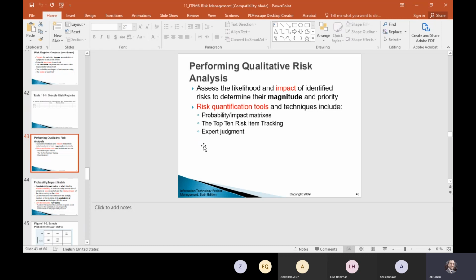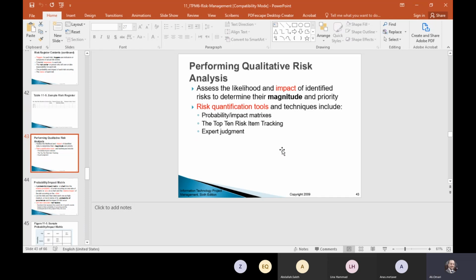Qualitative risk analysis: you need to assess the impact of identified risks to determine the impact and the priority.